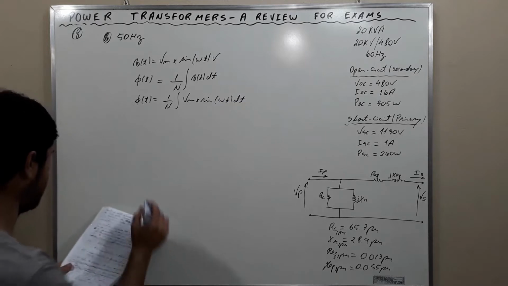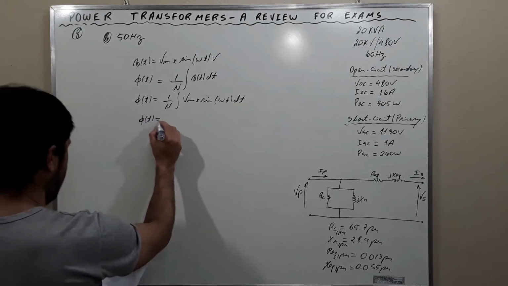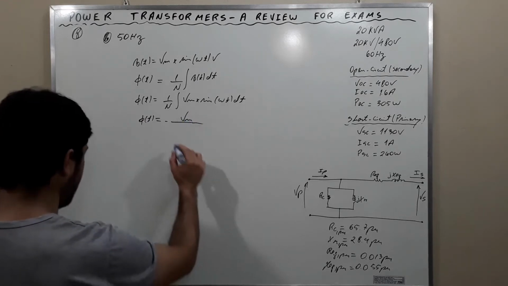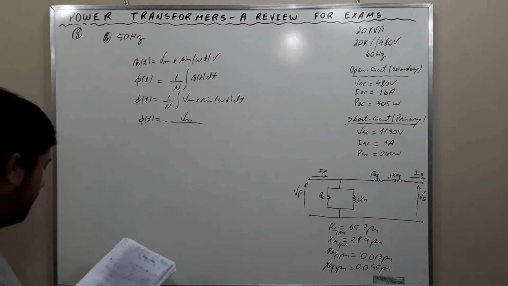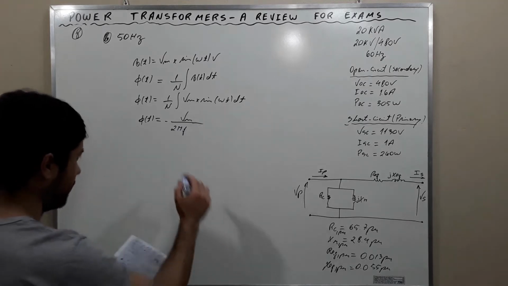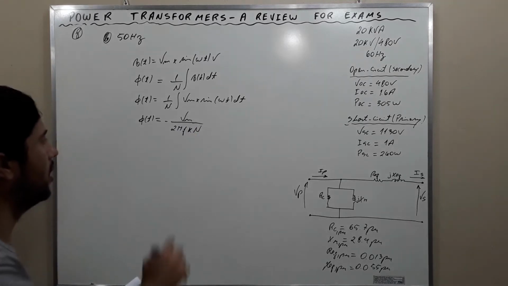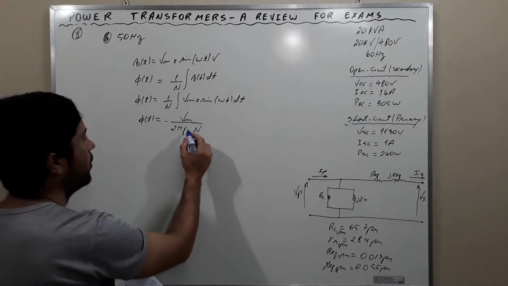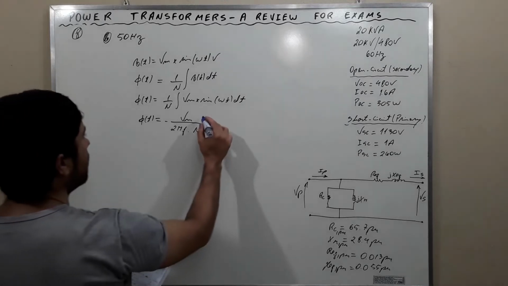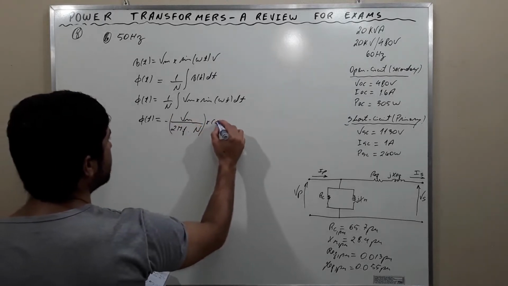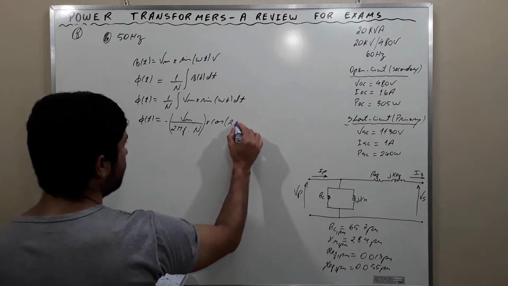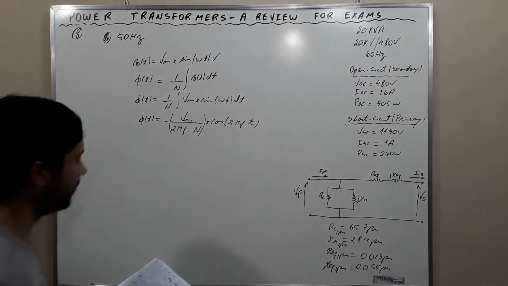find that the flux is equal to the negative of Vm, the magnitude of the voltage, divided by 2 pi f, which is w, times the number of turns, and this all times the cosine wt, or if you prefer, 2 pi f t, okay?